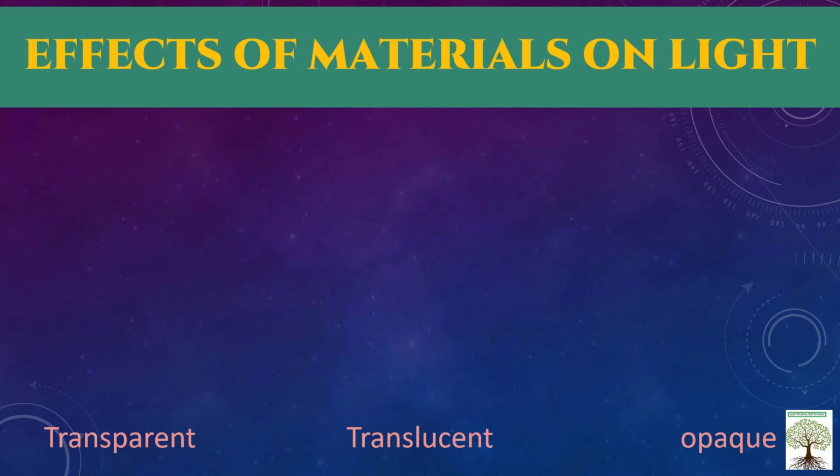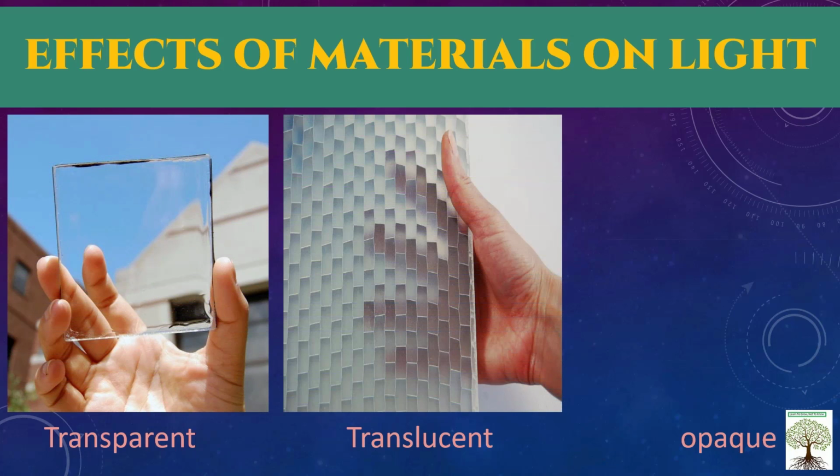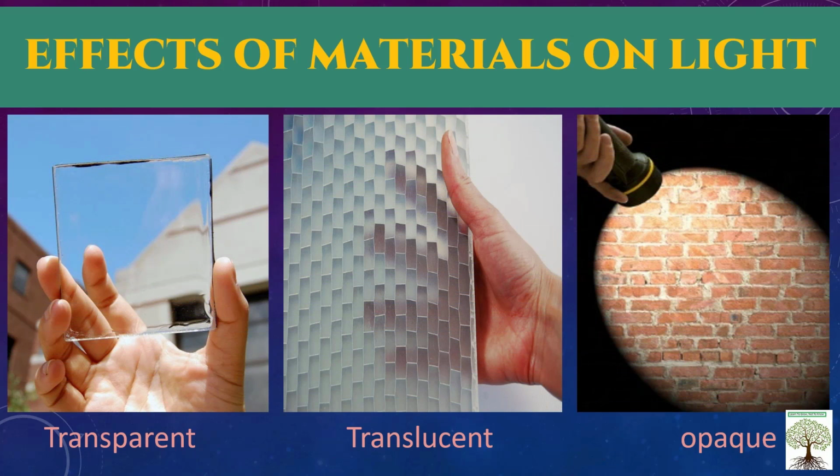Effects of materials on light. Can you see these 3 materials? First is transparent object, second translucent, and the last one is opaque object. With transparent objects, light can pass completely through, like glass or clear water, and air is also a transparent object, right?